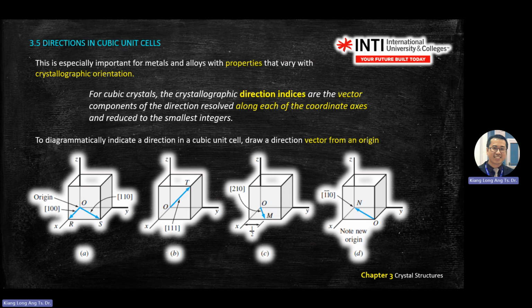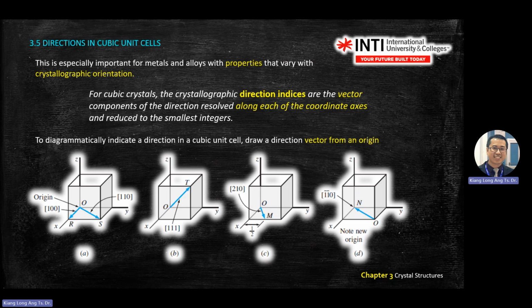You cannot have a fraction number inside the bracket. You need to get full numbers. So to complete the full numbers, you multiply all the numbers by 2. You get 1, half, 0 initially. Multiply by 2 to cancel the fraction. So 1 multiplied by 2, you get 2. Half multiplied by 2, you get 1.